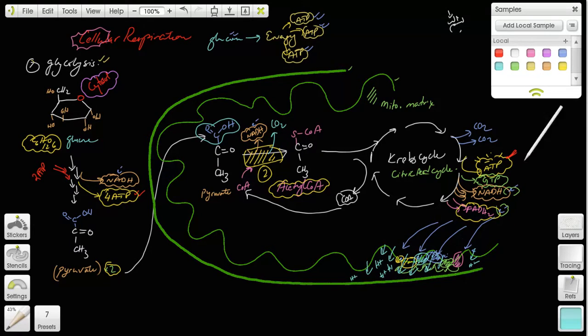So the hydrogen ion gradient is the end result of production of all of these electron carriers, and it is this hydrogen ion gradient that produces the bulk of ATP.